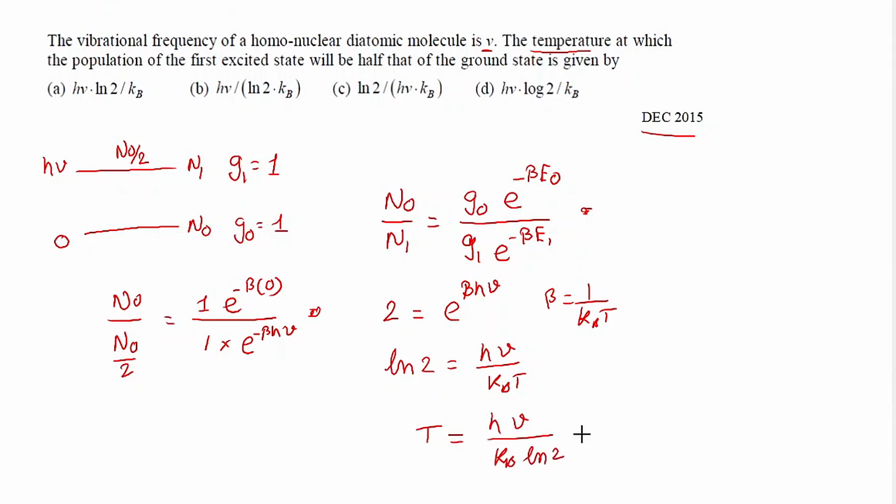So this is the correct answer, and hence B is the correct answer, that is h mu upon ln 2 kb. So very simple problem, and this was asked in 2015.